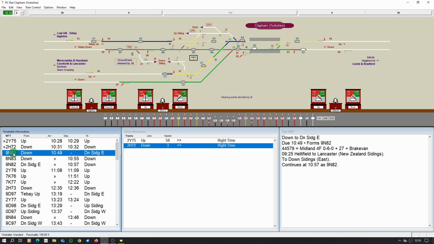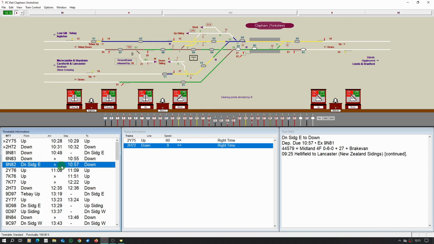So yes, this class 9 down siding E, there's only one way he can go in, so he's got to stop behind 30, go across, and then come up here, across this point, and into the siding, and then he comes out later on. It's only in there 8 minutes, so he must be very quick.